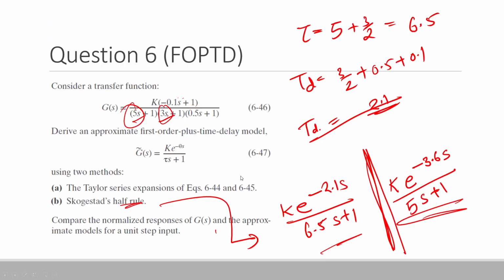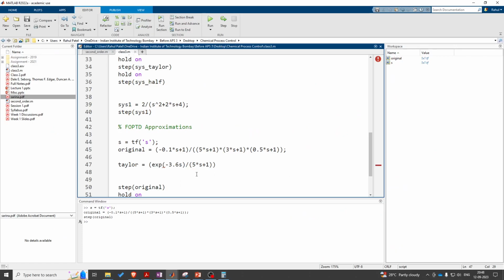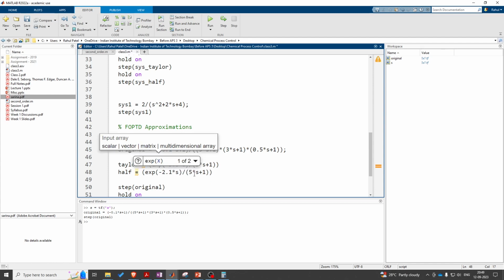So this was the transfer function we obtained over here, 3.6 and 5. Similarly, from half rule we got the transfer function as the time delay was 2.1, and time constant was 6.5.